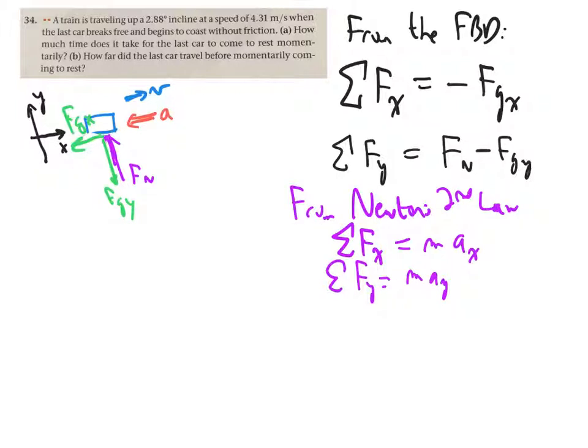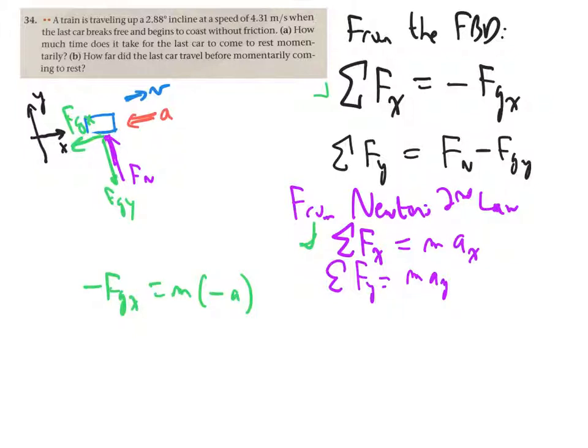And then from there on in, what I'm going to end up doing is just substituting. I'm going to combine this equation with that equation, and I'm going to say, well, then that means minus FGX has to equal m times minus a. Why the minus a? Because a points down the incline. It points in the negative x direction.